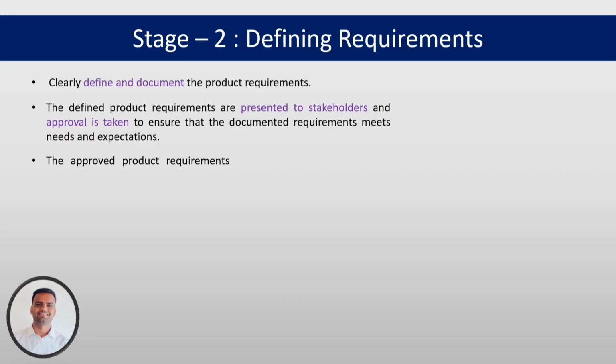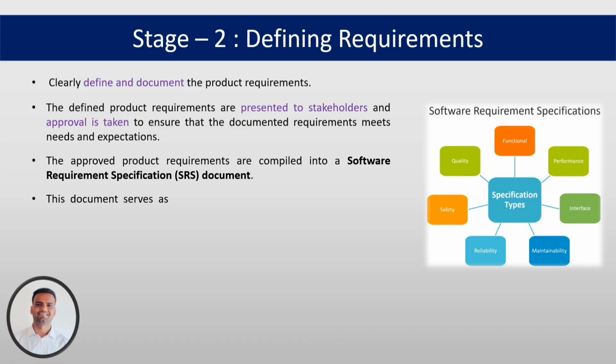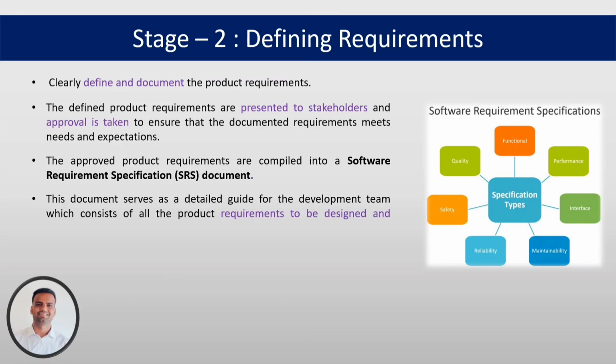The approved product requirements are compiled into a software requirement specification, which is also known as SRS document. This document serves as a detailed guide for the development team, which consists of all the product requirements to be designed and developed during the project lifecycle.